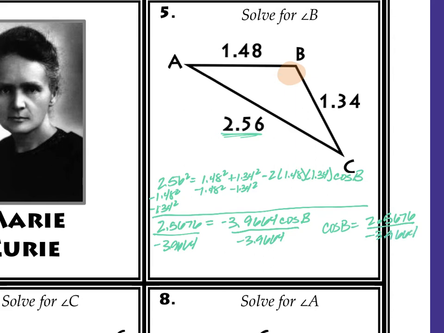And I don't want cosine of B, I just want B. So how do I undo cosine? I do cosine inverse. And if I do it on one side, I have to do it on the other. So B is approximately going to be equal to 130.3 degrees.